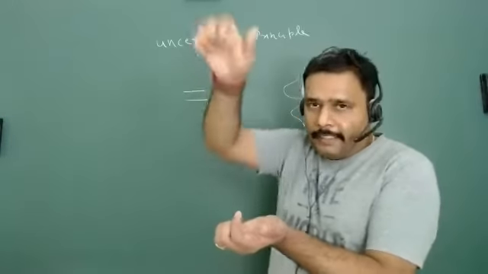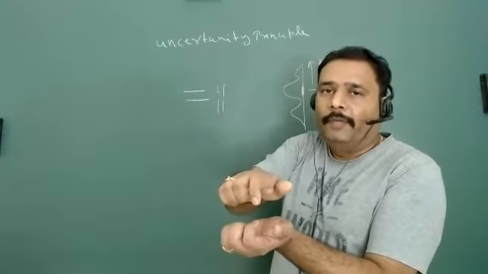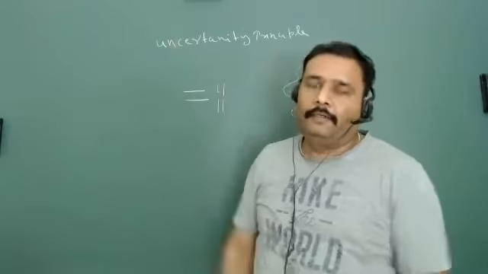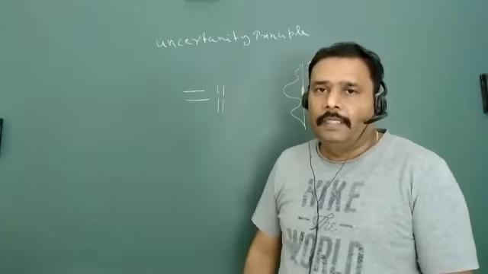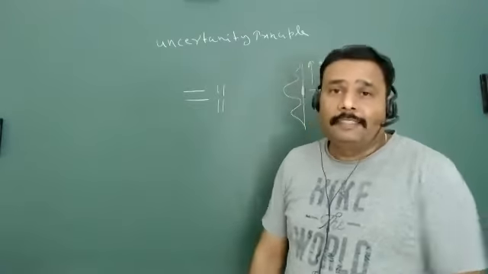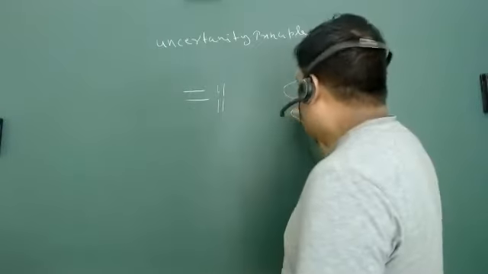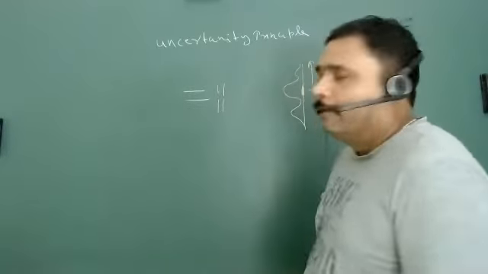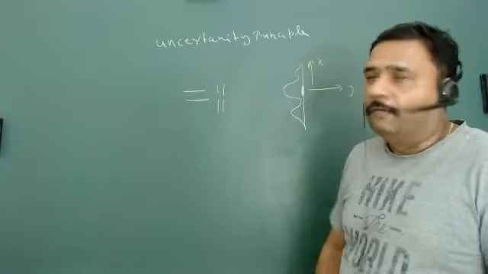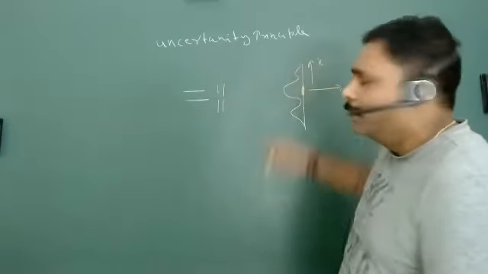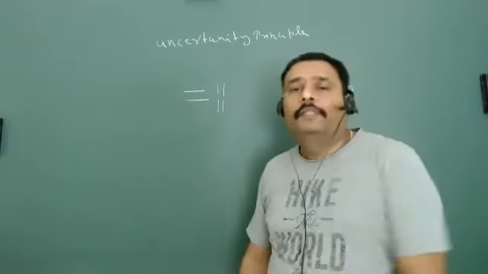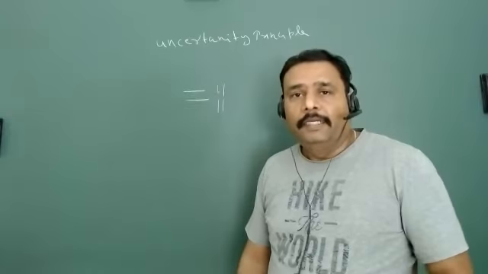So if you are decreasing the x extent, the momentum is going to spread in the x direction. And you will be surprised when we calculate. I will right now calculate the uncertainty value of this experiment. You will get that it is more than h by 2.